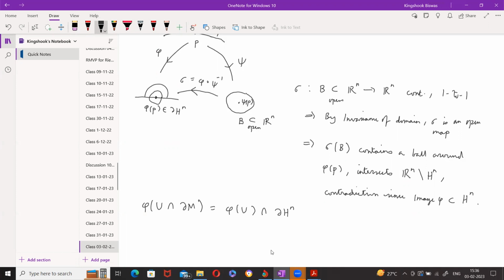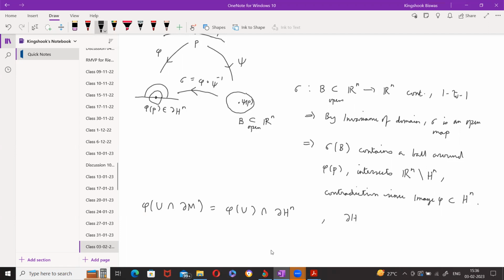All of the points in boundary M have to map to boundary Hn. And conversely, the points in the image of phi which are in boundary Hn come from boundary points of M.